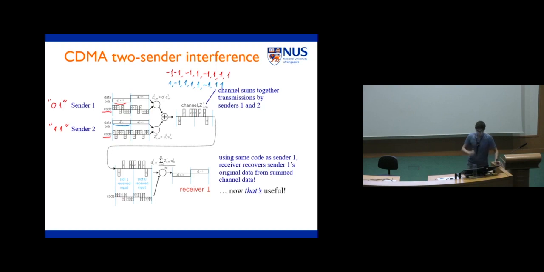Okay. And then, obviously, because they are in the same vicinity, they are both sending that data to the same receiver, these transmissions get added onto each other. And in the channel, if I add these two up, this is what I have.